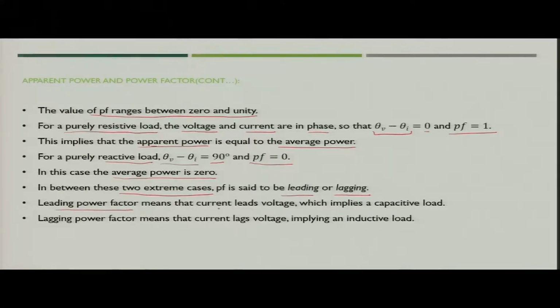Leading power factor means that current leads voltage, which implies that it is a capacitive load, while lagging power factor means that current lags voltage, and that implies an inductive load. This particular aspect you will keep on using in your circuit analysis, because the circuit will be composed of resistor, capacitor, inductor, all components.